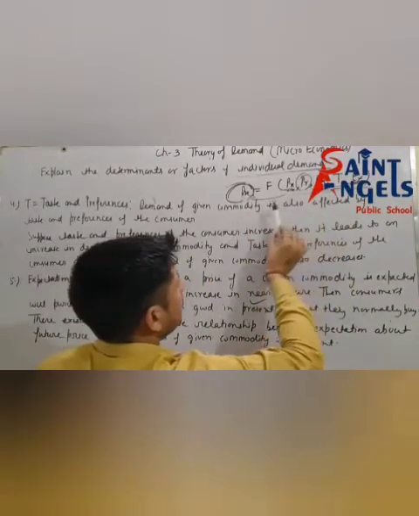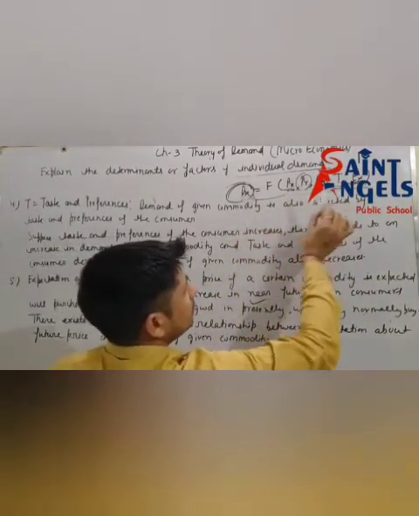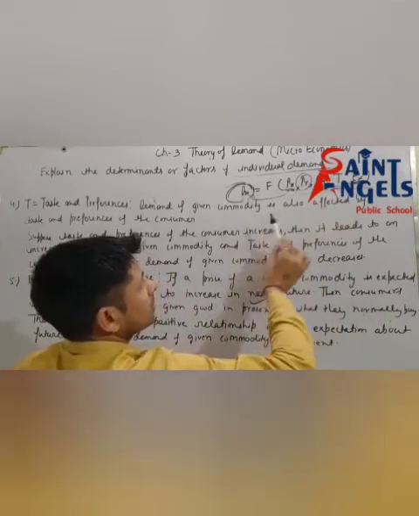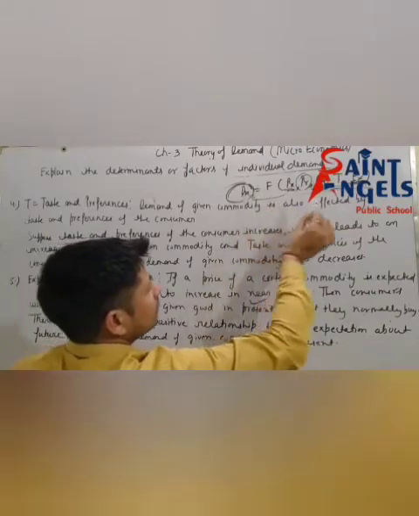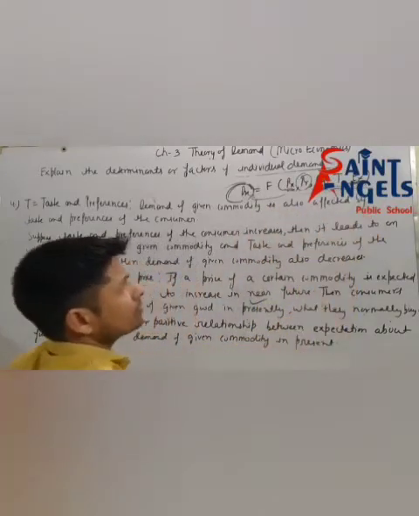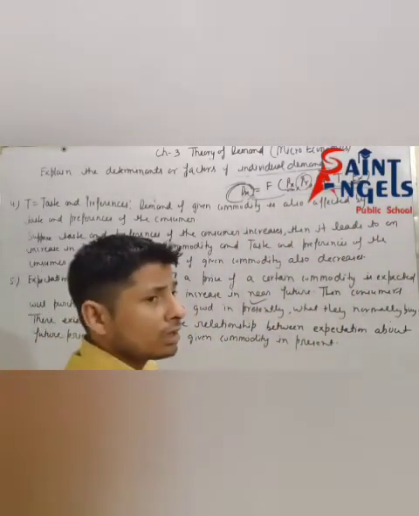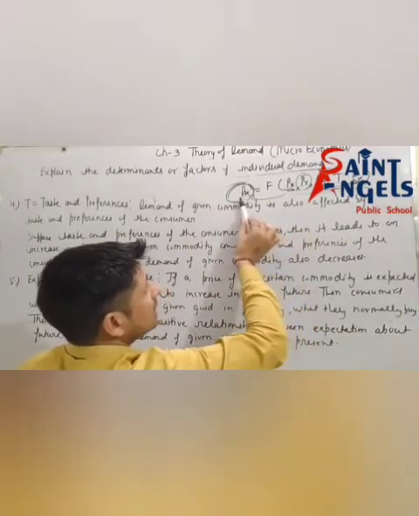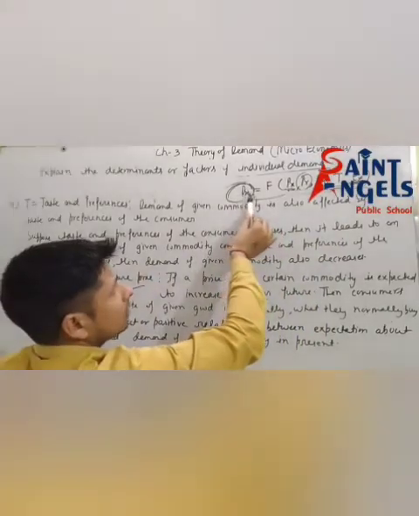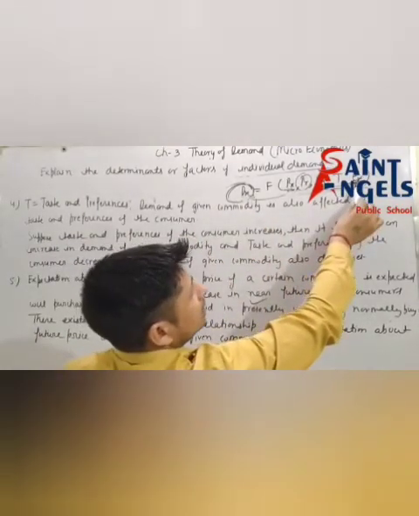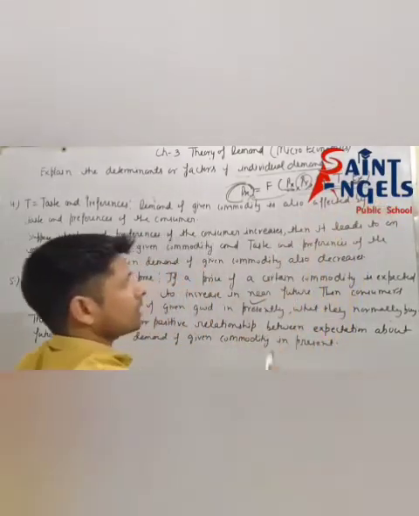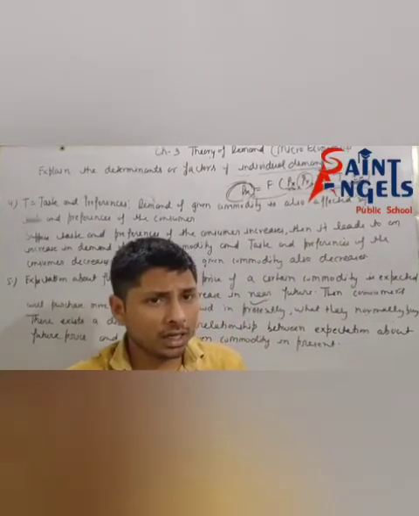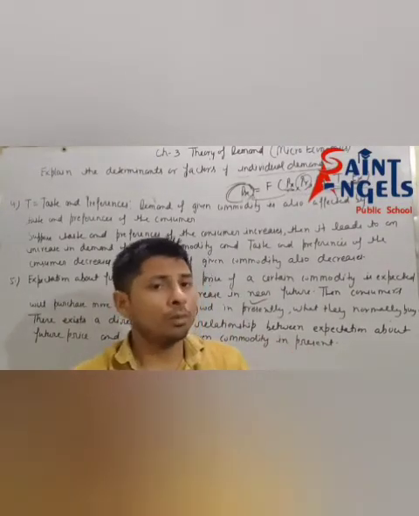What is the relationship between demand of given commodity and taste and preferences? Positive relationship. And what is the relationship between demand of given commodity and expectation about future price? Again positive relationship. There exists a positive or direct relationship between future price and present demand.